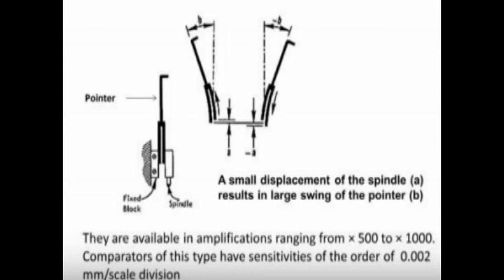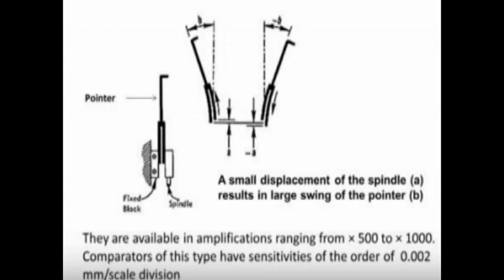So now A is the displacement depending upon the height of the workpiece. A can be positive or negative. When the height of the workpiece is greater than the standard or desired height, the spindle will move in this direction and the pointer will swing in this direction.